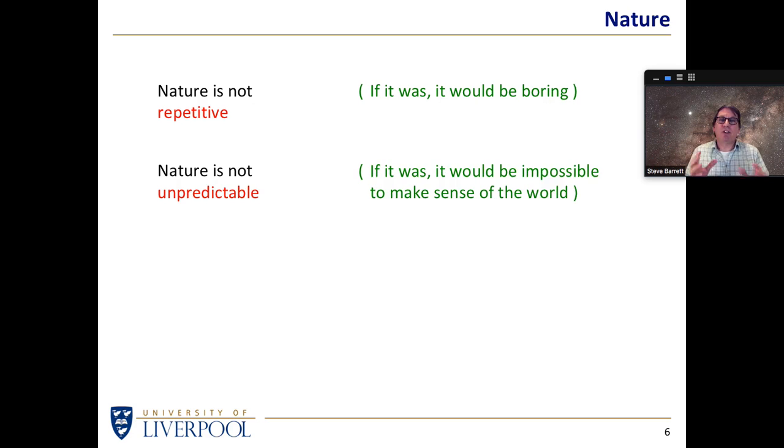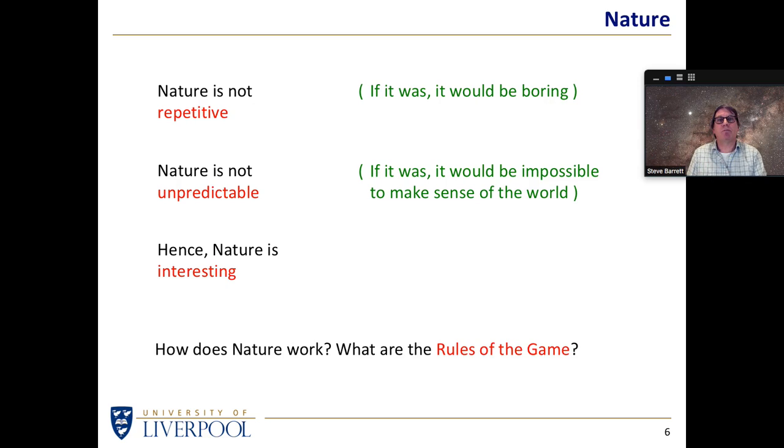If it was totally unpredictable as to what's going to happen tomorrow, is the sun going to rise? Well, how do we know? It might not. If nature was completely unpredictable, it would be impossible to make any sense of the world whatsoever. So nature doesn't simply repeat itself, and nature is not so unpredictable that we can't make some sense. Nature is somewhere in the middle. In other words, nature is interesting.